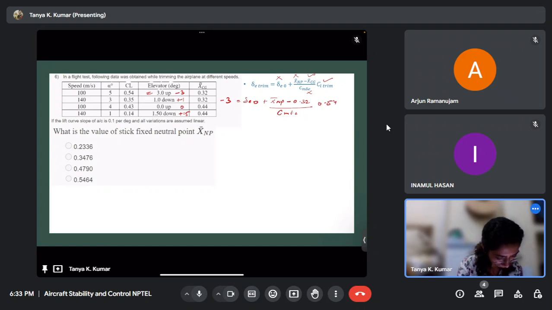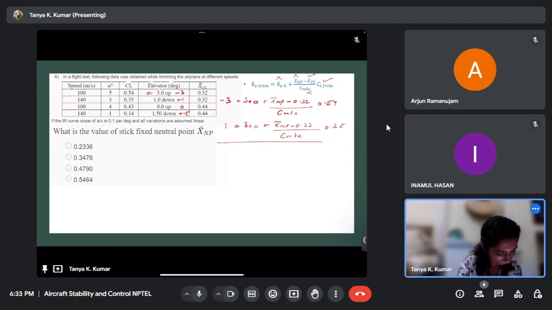Similarly, next one is 1 equals delta E naught plus x bar NP minus 0.32, Cm delta E, into 0.35. Alright, so I'll just subtract these equations.